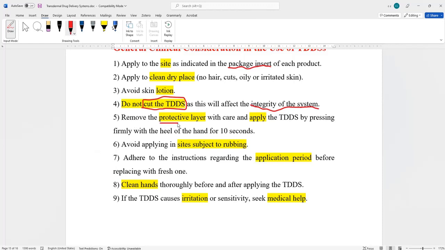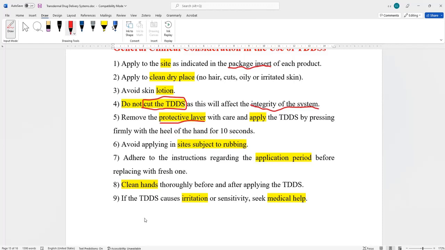The protective layer that protects the adhesive from prematurely sticking, you remove it carefully, and when you want to stick the patch on the skin, on the site where it should be, you need to press with the heel of your hand for 10 seconds.